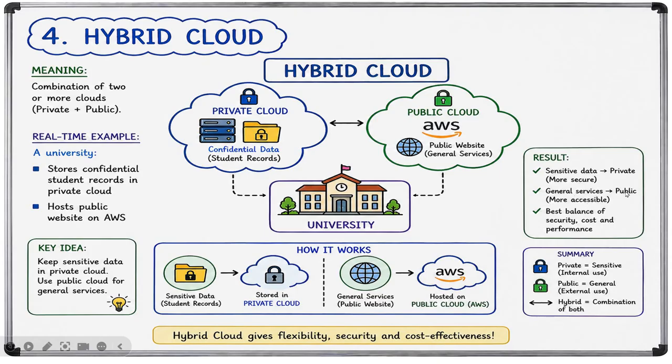General services are kept in the public cloud, where they are more accessible to the users, and it is the best balance of security, cost, and performance. So hybrid cloud gives flexibility, security, and cost effectiveness.